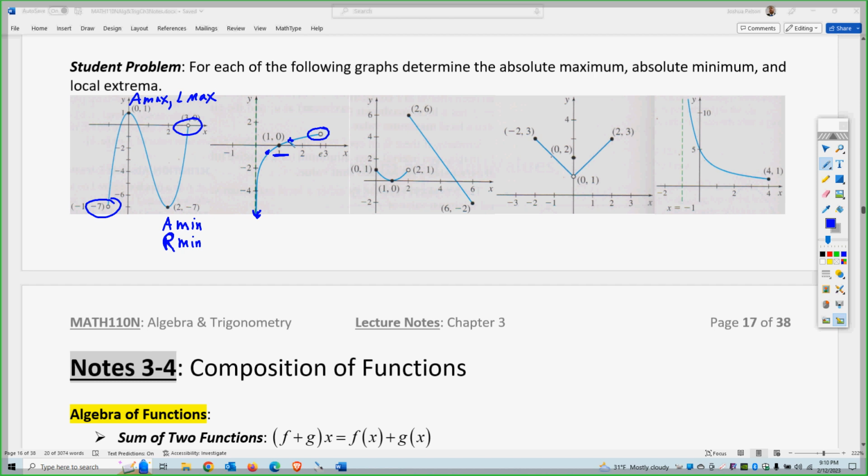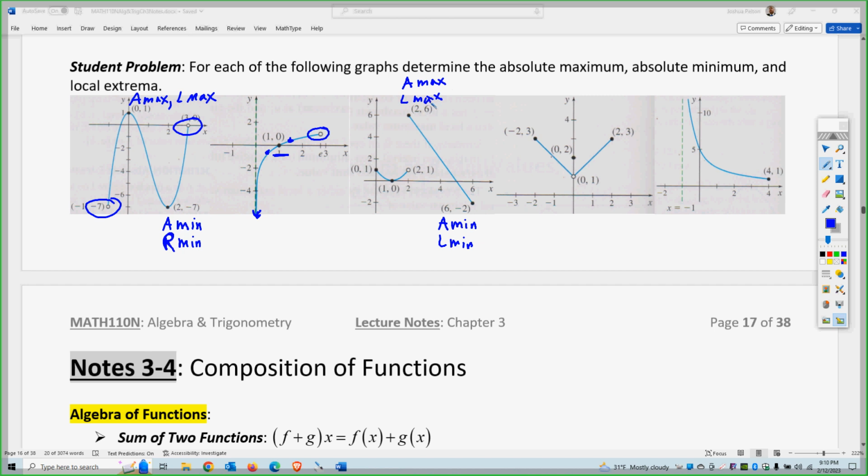All right, the next one, this is an absolute minimum or global minimum, right? It's also a local minimum. This one right here is an absolute maximum and a local maximum. Can be both, right?